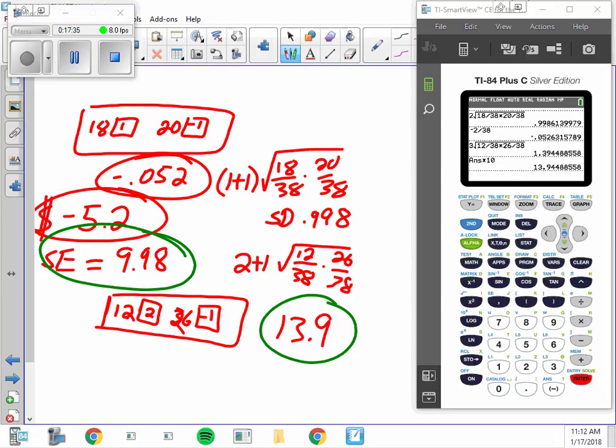So we want to go with high variation, right? So what is the chance that we win $10? Well, it could happen here, but it's not very likely because we're expected to lose $5 and we add 10, that's only 5. So 68% of the people will be between negative 15 and positive 5, right?